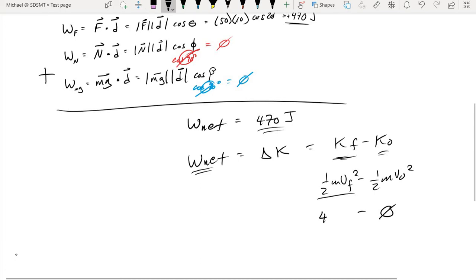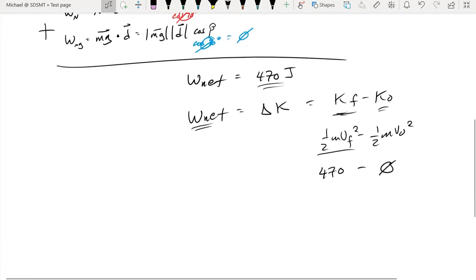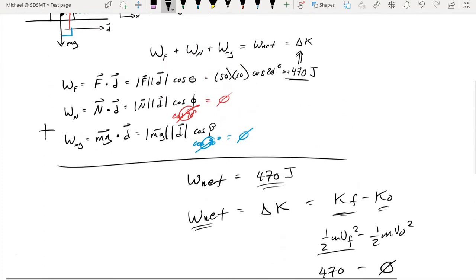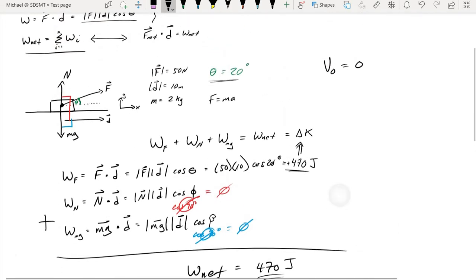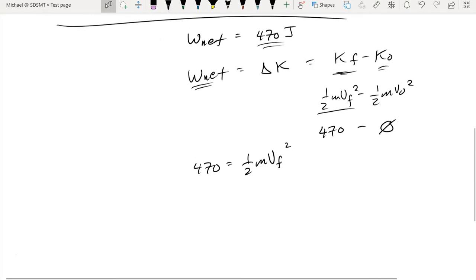And this means that we now have 470 joules worth of kinetic energy, which can be set equal to the final kinetic energy. We know the mass is 2 kilograms, right there. That means we can solve for the final speed of this object.